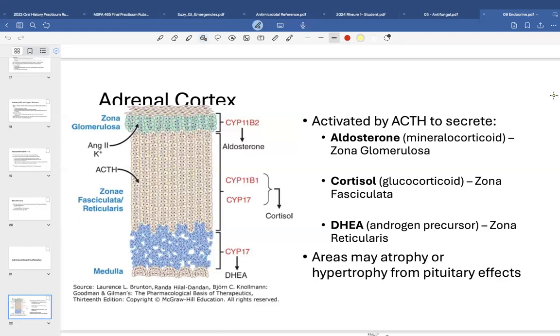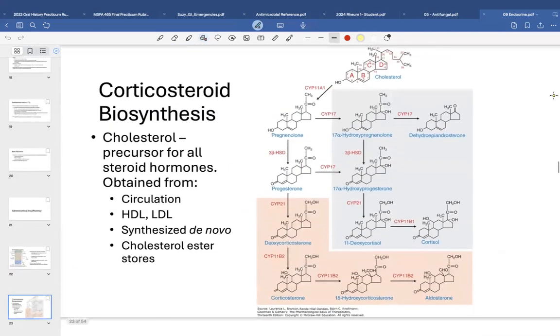So if there are pituitary effects, they can cause these areas to get atrophy or hypertrophy. So we'll spend most of the rest of today talking about steroids.